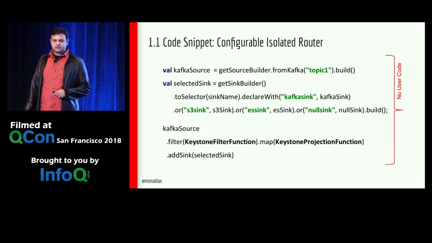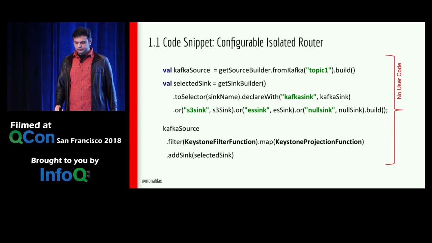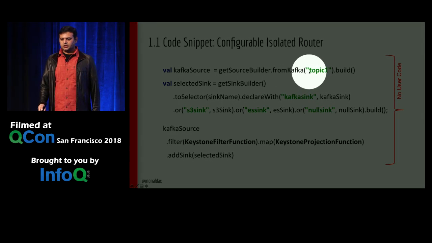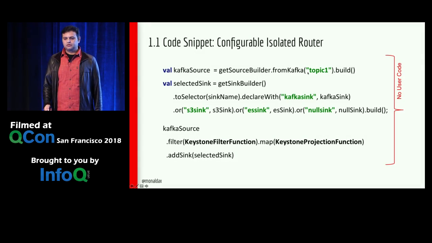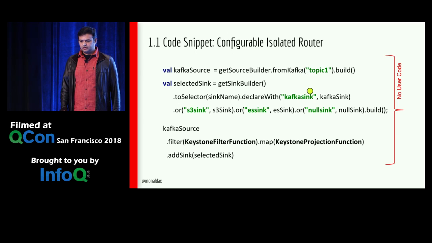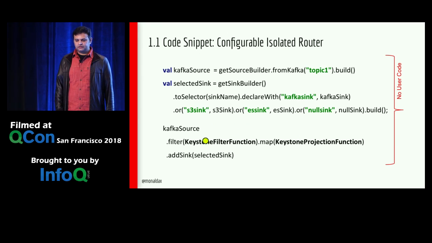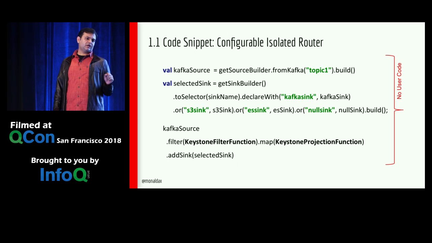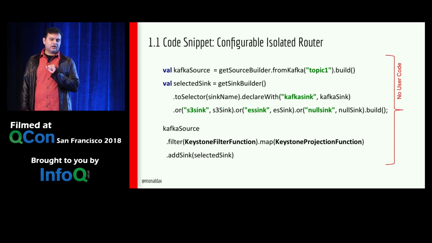So this is the code snippet, pretty straightforward. We have the source on the top right here, and then we build a sink. And if you see here, the sinks are configurable. So depending on deployment time, it'll pick one of those sinks. And then this filter function and projection function actually use the configuration that was passed in, the declarative filter syntax or the projection syntax.